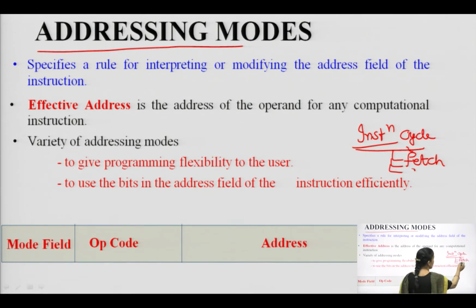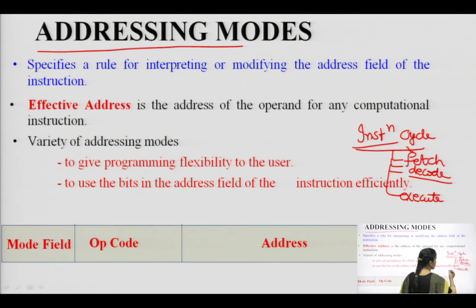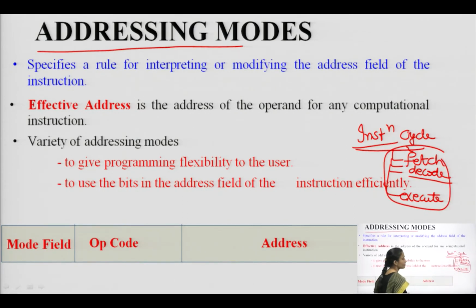Then second step, decode the instruction. Decode says which operation I have to perform on this instruction. Third is execute the instruction. This is for one instruction. For the second instruction of the same program, the same cycle repeats, and so on, for as many instructions as there are in my program.